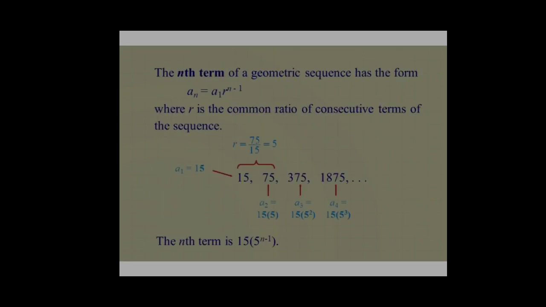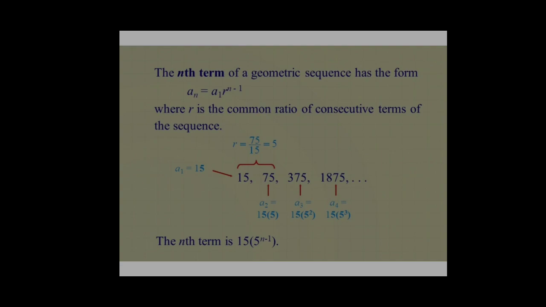The nth term of a geometric sequence has the form a sub n equals a sub 1 times r to the power of n minus 1, where r is the common ratio of consecutive terms of the sequence. For example, take 15, 75, 375, and 1875.